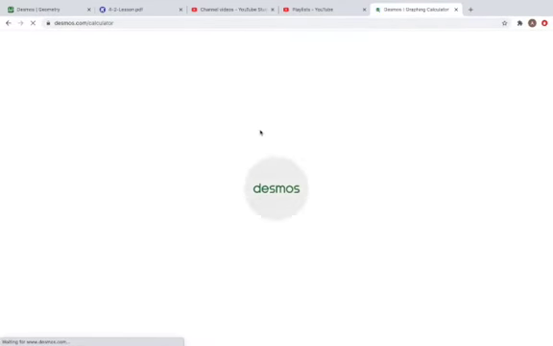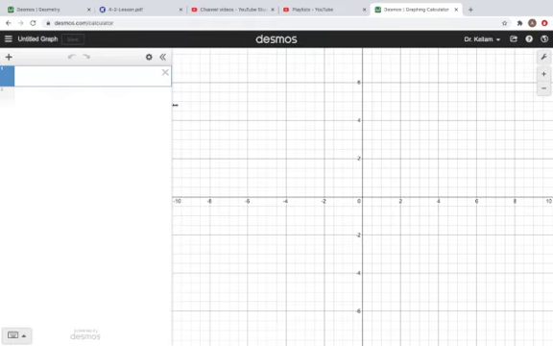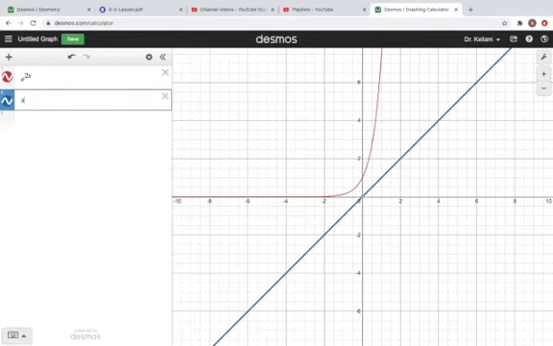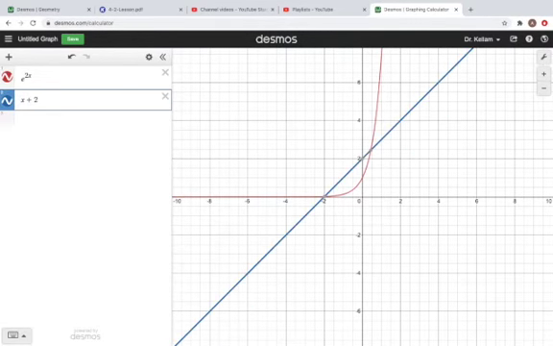So we have e to the 2x, and it might help if I actually put e in. And if I go e to the 2x, and then I graph x plus 2, we see that it crosses at 2 locations.